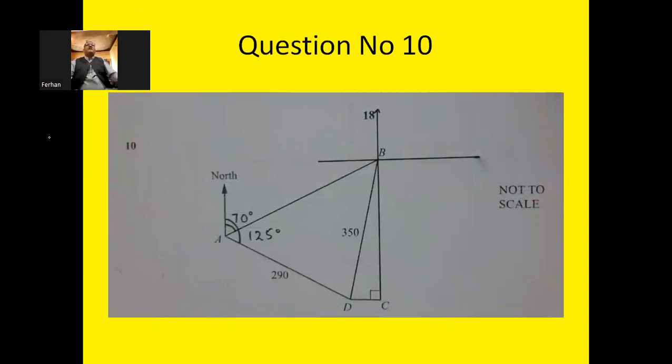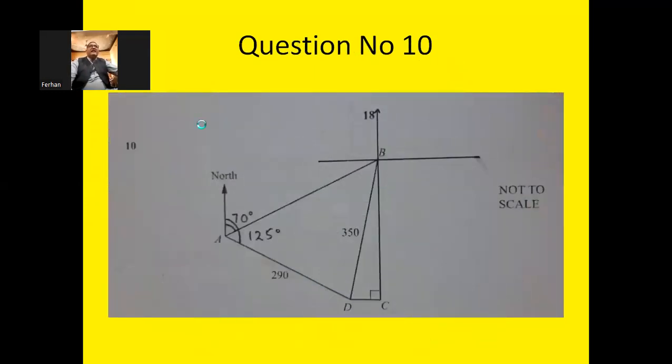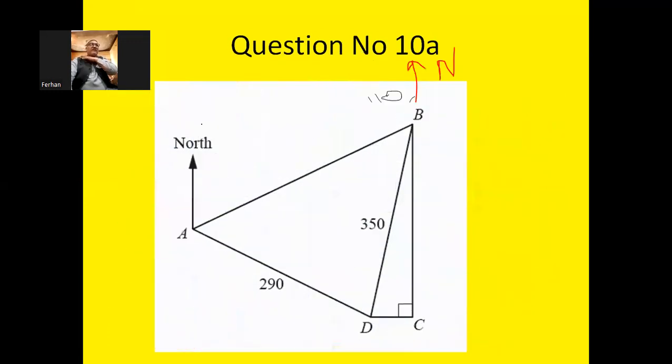By using the law of sine, we have found that the angle at B is 42.7. So this angle here is basically 42.7, yes, beta. So I'm recording. Just give me 5 minutes.